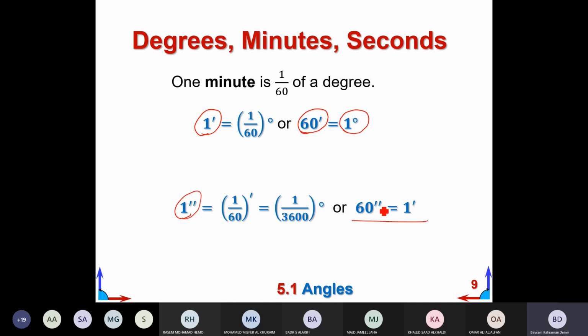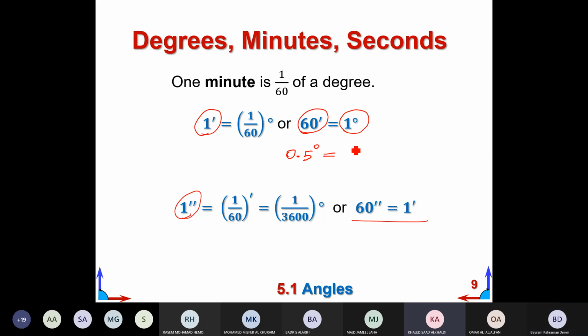And 60 seconds is equal to 1 minute, of course. Okay. So, for example, if I ask you how much is 0.5 degree, how can you write it, Shabab, in terms of minute? We can multiply it by 1/60.